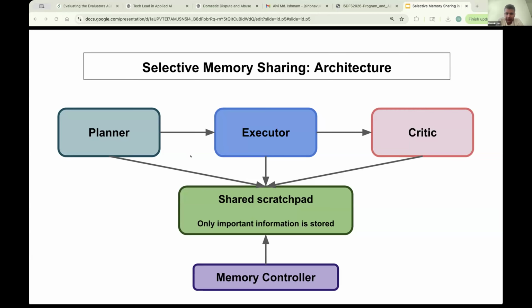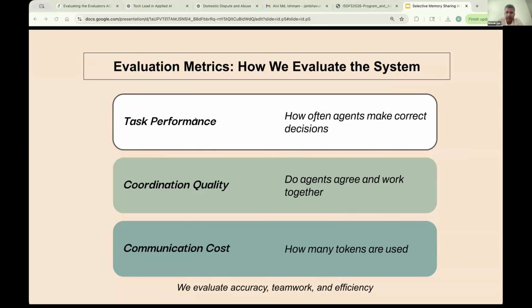And this does two things. First, it reduces noise in the shared memory. And second, it ensures that agents only see useful context. As a result, the system becomes more efficient and more coordinated without increasing communication overhead. And this idea of controlled memory flow is what enables selective sharing in practice.